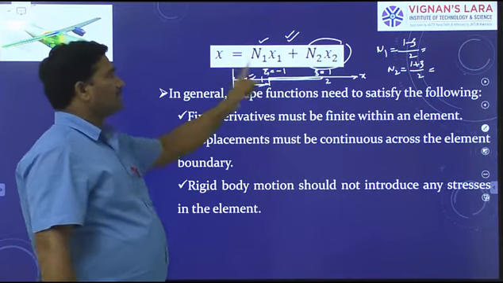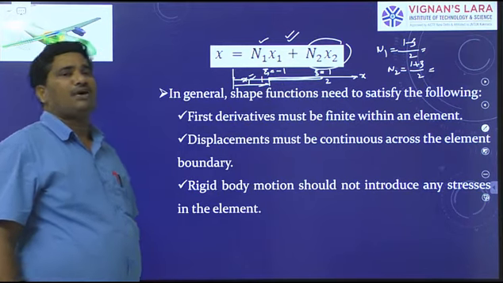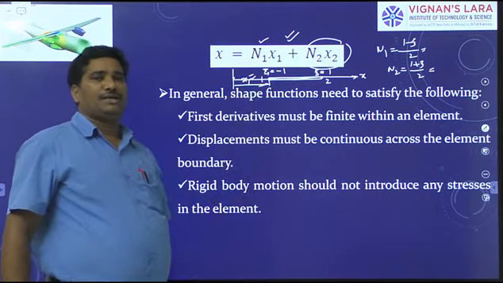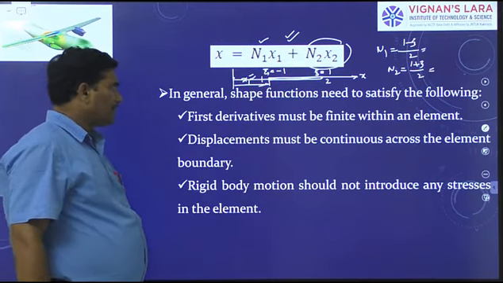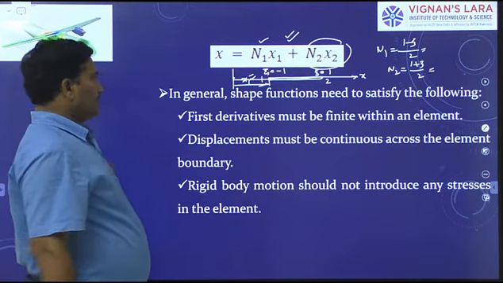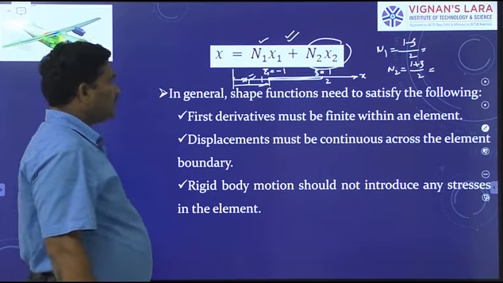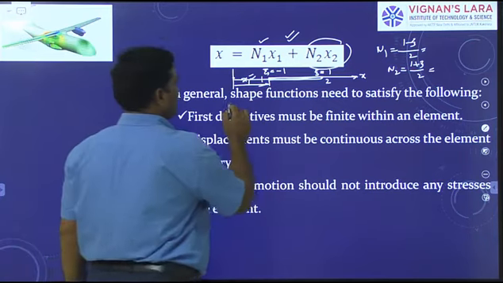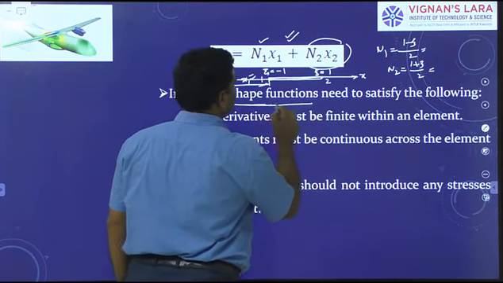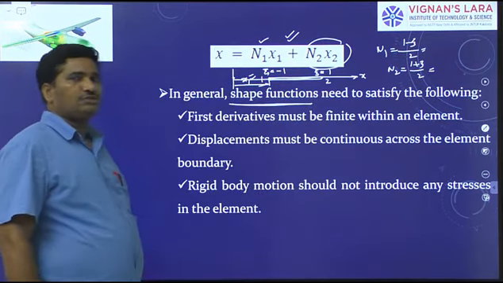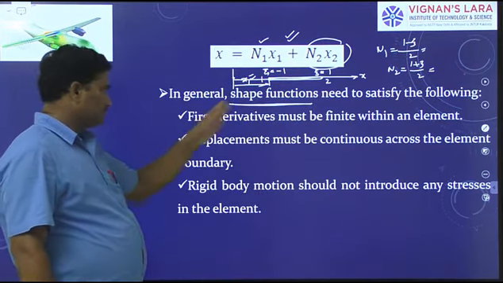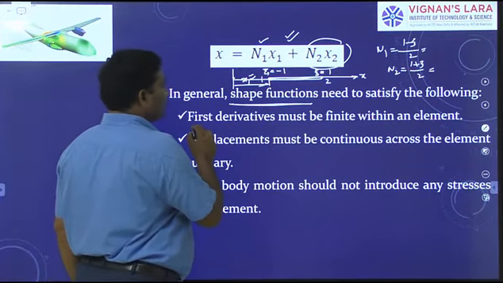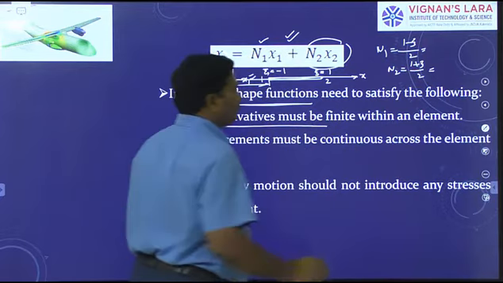This formulation, called isoparametric formulation, we can use to define the geometry of the element. Now, we see the conditions to be satisfied by the shape functions. The shape functions chosen should satisfy the following. What is the first one? The first derivative of the shape function.